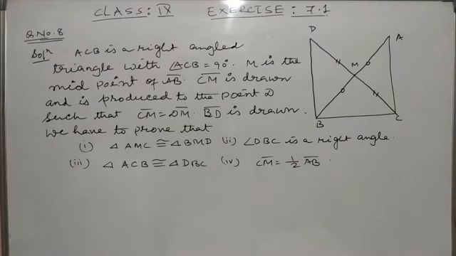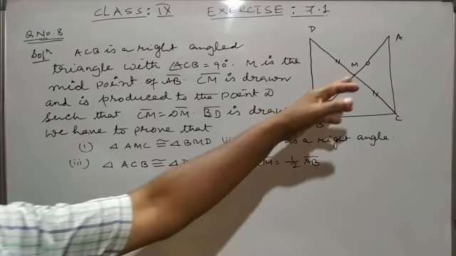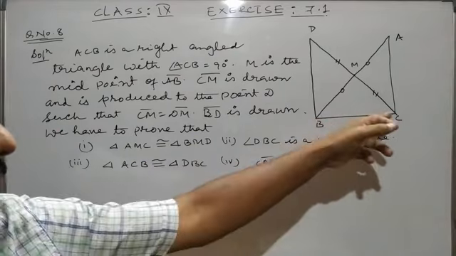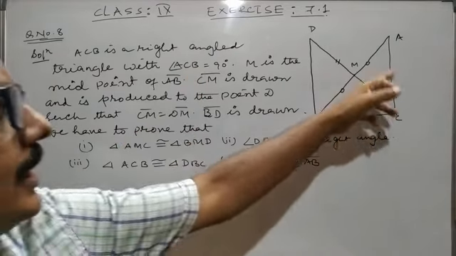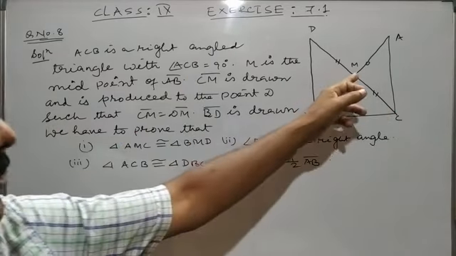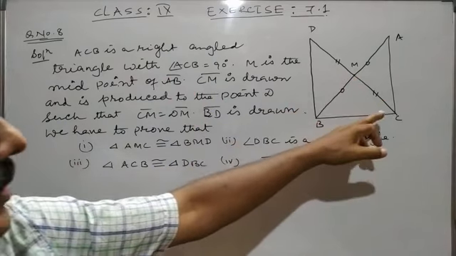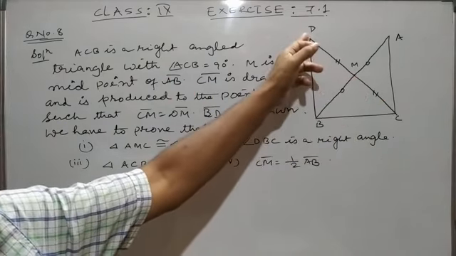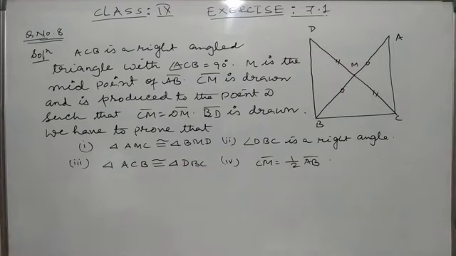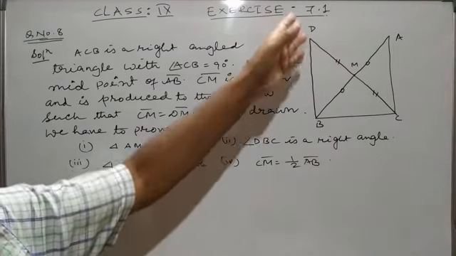So you see in this triangle, ACB is a right angle triangle with angle ACB equal to 90 degree. M is the midpoint of AB. CM is drawn and produced to the point D such that CM equal to DM. Now BD is drawn.